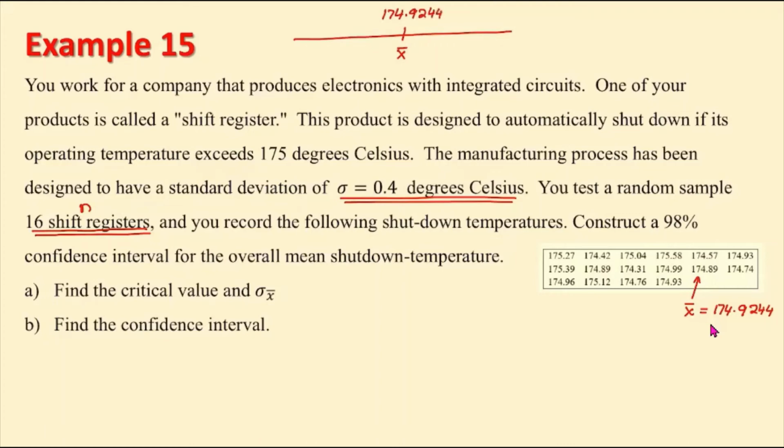That's what we know. Now, in the first part, we are asked to find the critical value and sigma sub x bar. For the first part, we are looking for the critical value, z sub c, for the 98% confidence level. To find z sub c, the value along the x-axis, we use inverse normal.